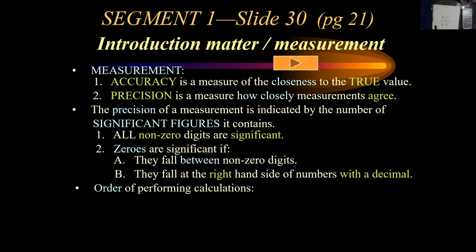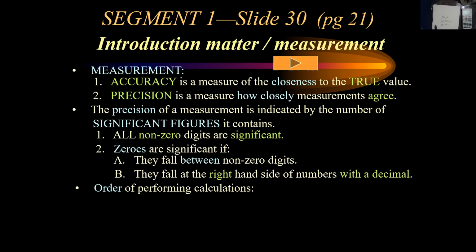Or zeros before a decimal point. I mean, if you say 0.20, how many significant figures? Well, the 0 in front of the decimal is not important. It was just put there for convenience. You could write .20 if you wanted to. Everybody would know what you said. But if you put 0.20, everybody knows that you didn't just forget that digit in front of the decimal place, that it was a 0.